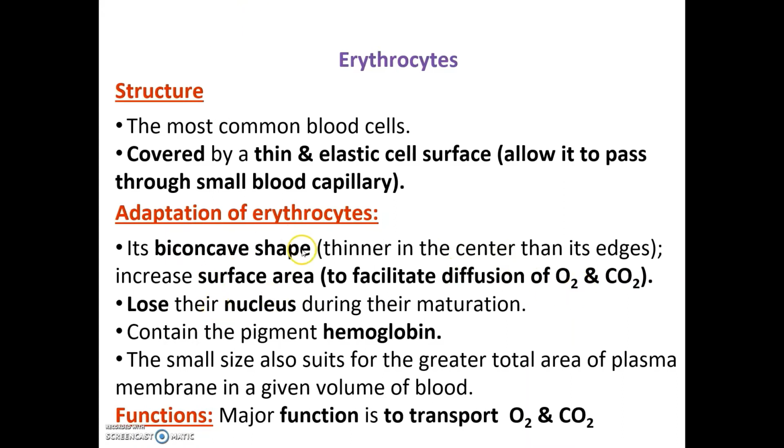Why is it thinner in the center? Because they do not have a nucleus. They lose their nucleus during maturation, and they have the pigment hemoglobin. The small size of the red blood cell provides a greater total area of plasma membrane in a given volume of blood. The main function of red blood cell is to transport oxygen and carbon dioxide.